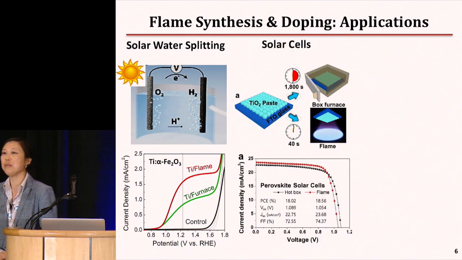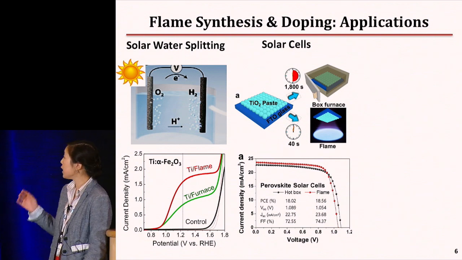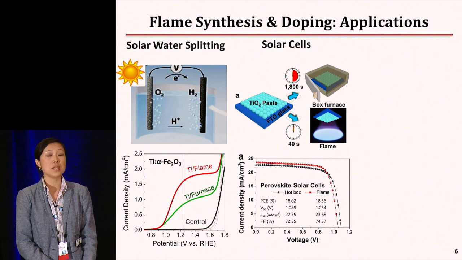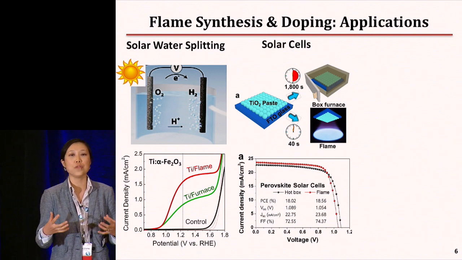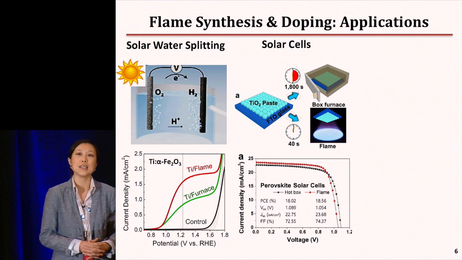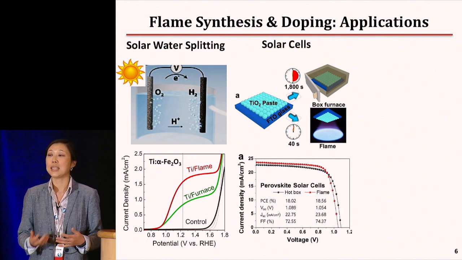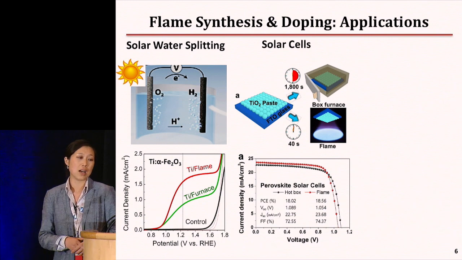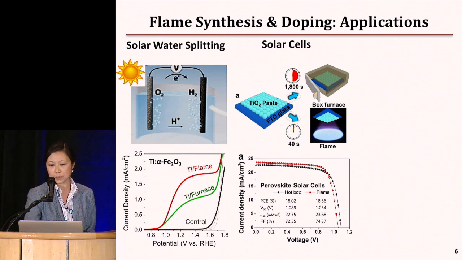We also use flame to try to replace the traditional furnace. In this case, we look at dye-sensitized solar cells or perovskite solar cells. They all involve a process that uses a furnace to bake the TiO2 paste. Normally it takes about 30 minutes, and we replace it with a high-temperature flame. Now we can do it in less than 1 minute, and our efficiency is actually a little better.